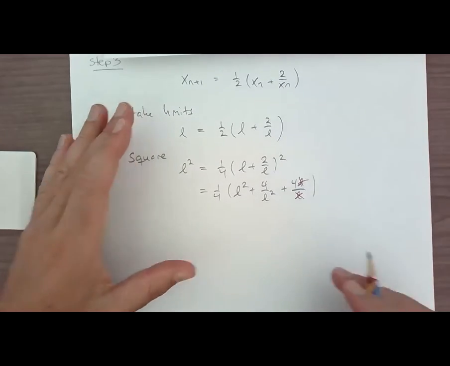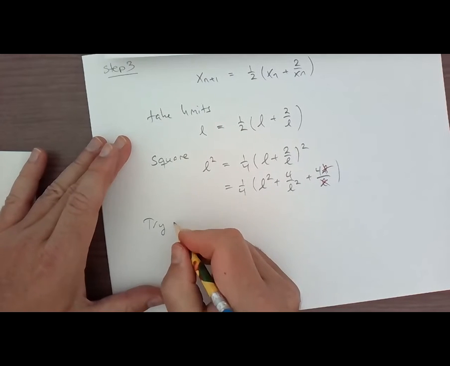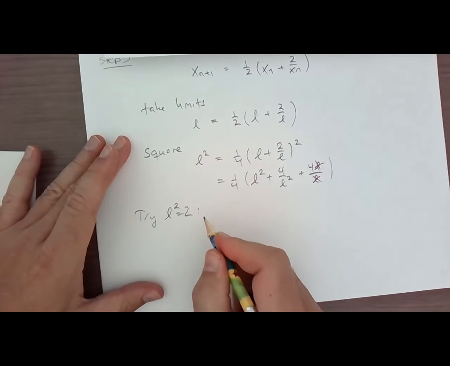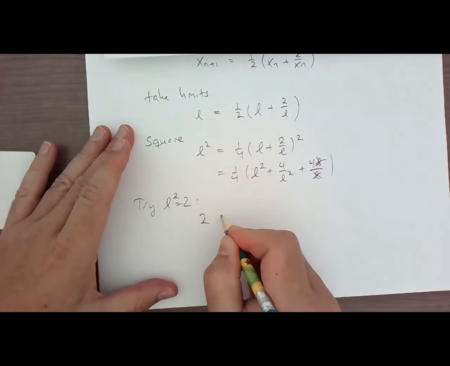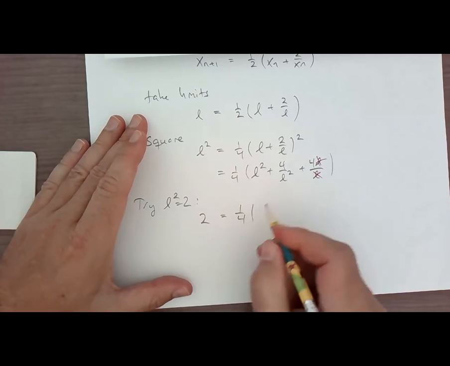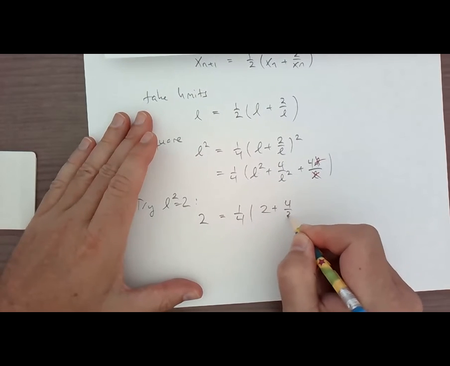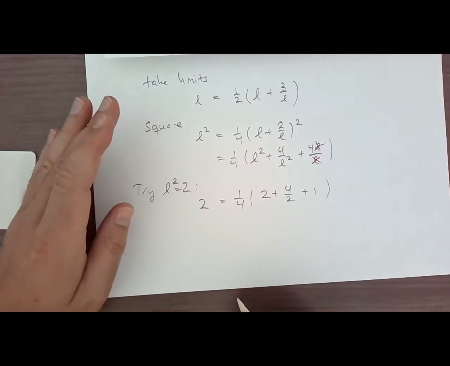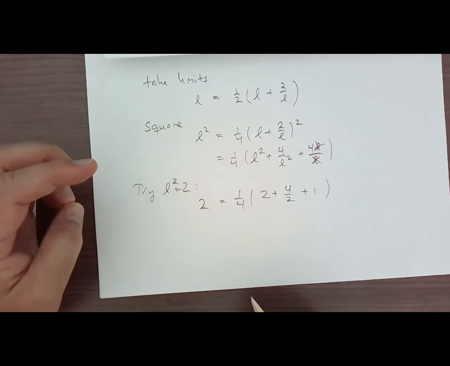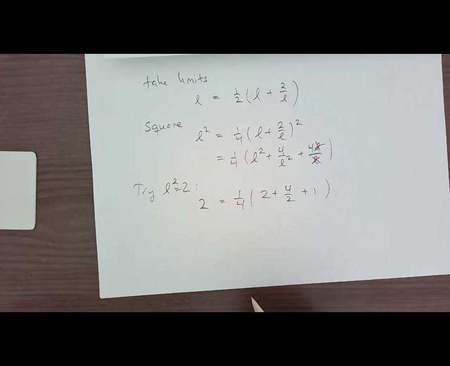So what kind of a solution are we looking for here? Well, let's try out our guess that L squared is equal to 2. So then the question is, do we have that 2 is the same as 1/4 times 2 plus 4 divided by 2 plus 4? Does it look promising?